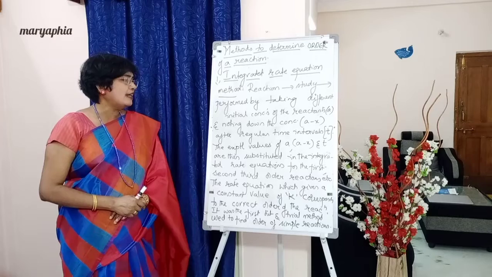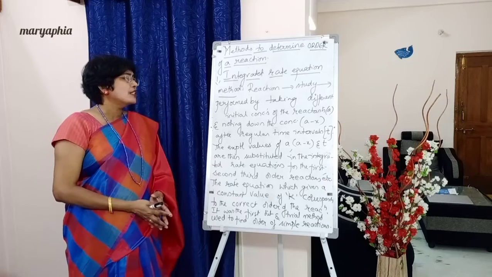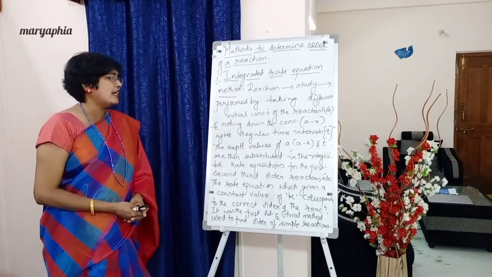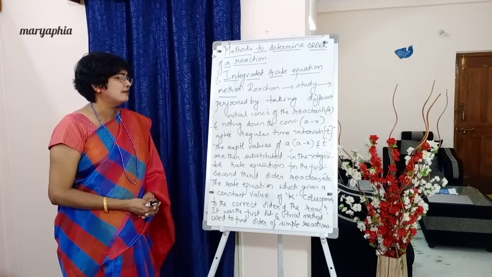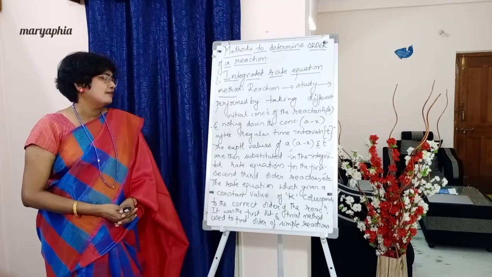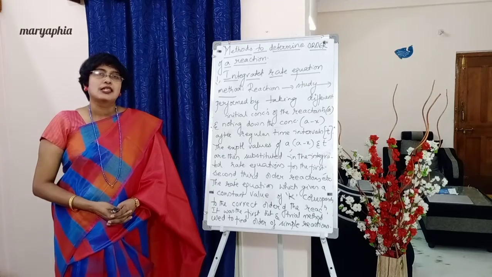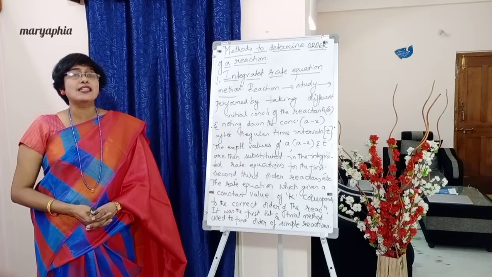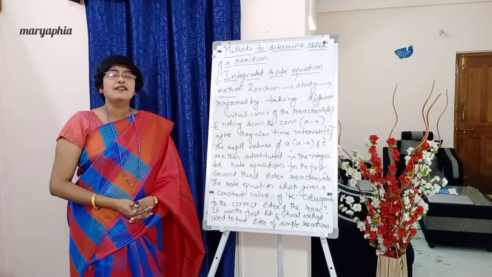Full stop. Now, the experimental values of small a, a minus x in brackets, and t will be substituted in the integrated rate equations of first, second, third order reactions, etc. The rate equation which gives a constant value of k, that is the rate constant, corresponds to the correct order of the reaction.